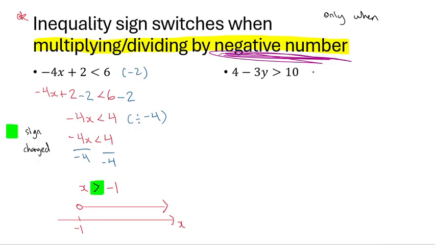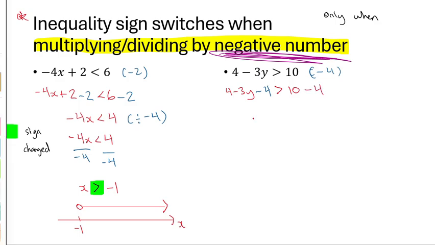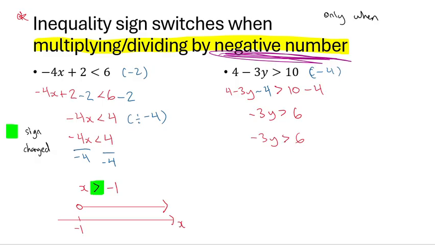So if I solve it like normal, minus 4, so 4 minus 3y minus 4 is greater than 10 minus 4. I end up with negative 3y is greater than 6. And then when I divide by negative 3, I end up with y is less than 2.